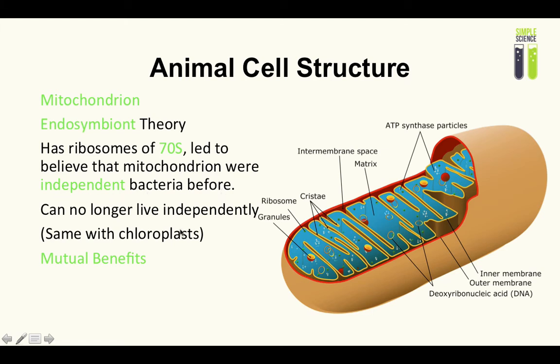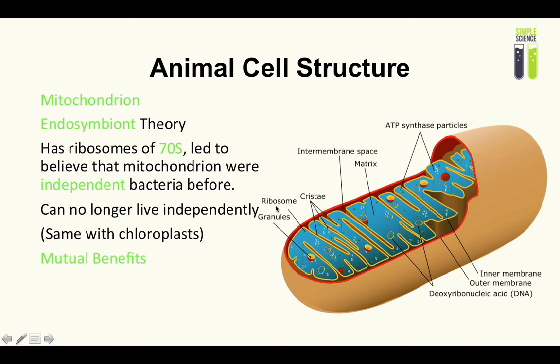Now, why do they believe this? It's because it has things such as DNA, ribosomes, and granules, and these things were used to sustain it. These tiny things are like mini organelles for this mitochondrion, and that is what helped it sustain itself independently before it was adopted and integrated into our human cells.